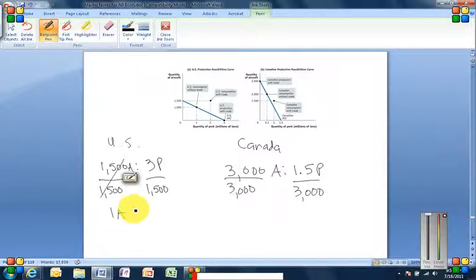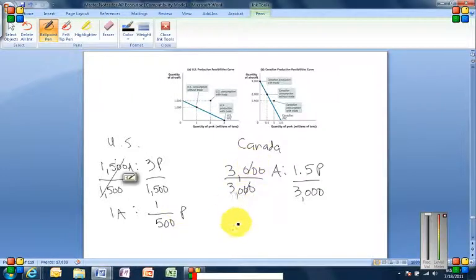Once you do that, you can see what one aircraft, one airplane, is worth to the United States. It becomes worth 1 over 500P.